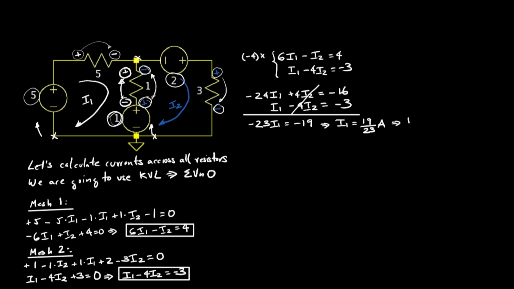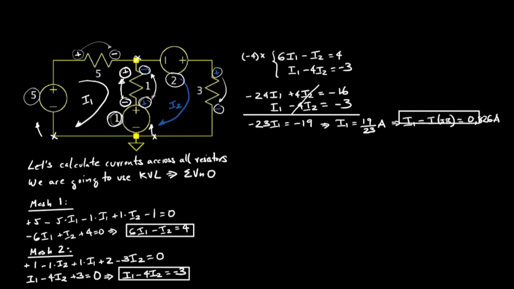It means there is a voltage drop due to I2. So I write in the equation for mesh 2, minus 1 times I2. Then I'm on the upper point in the center and I'm going clockwise through the 2 volt voltage source.